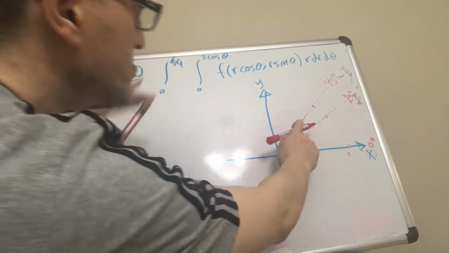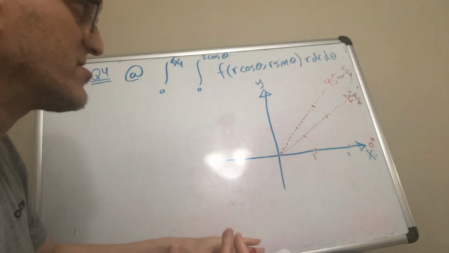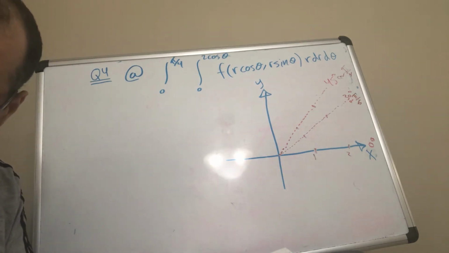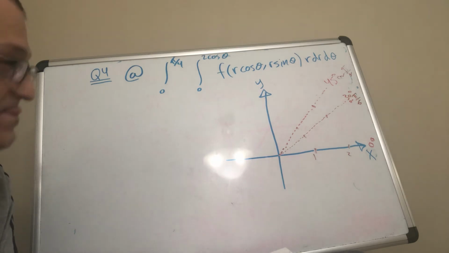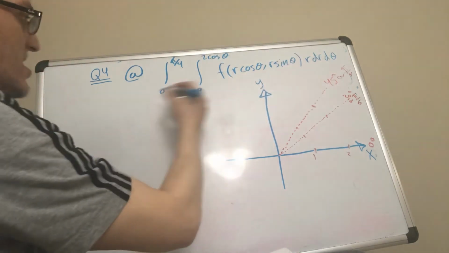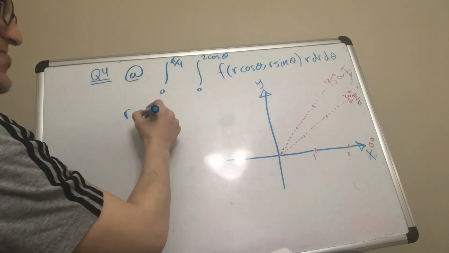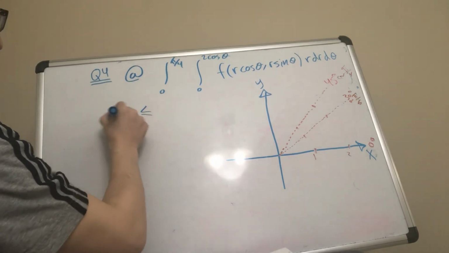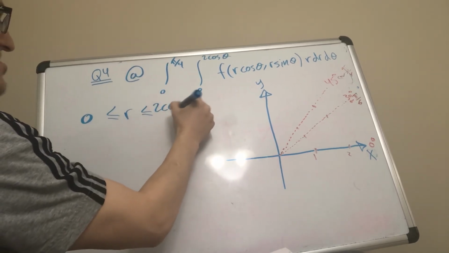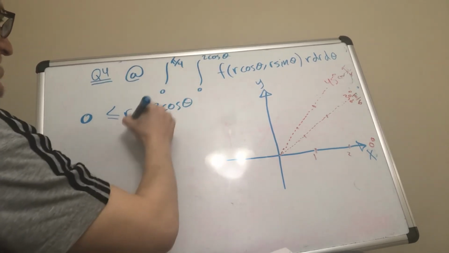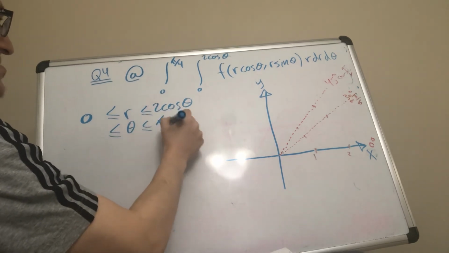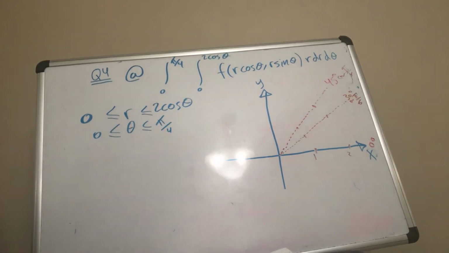That will tell you basically how the graph is supposed to look. Now, since we're doing the dr first, the radius is limited between 0 and 2 cosine theta, where theta is limited between 0 and pi over 4.